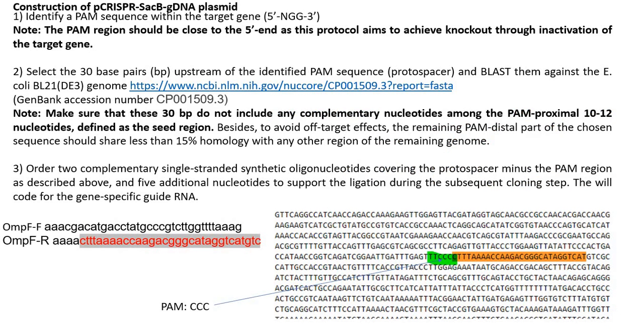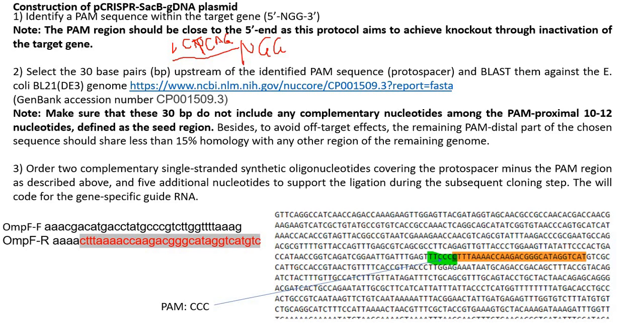So first of all, you have to identify a PAM sequence near your target gene. Let's say this is your sequence, it can be anything, CCN or CCT, you can say CAG.